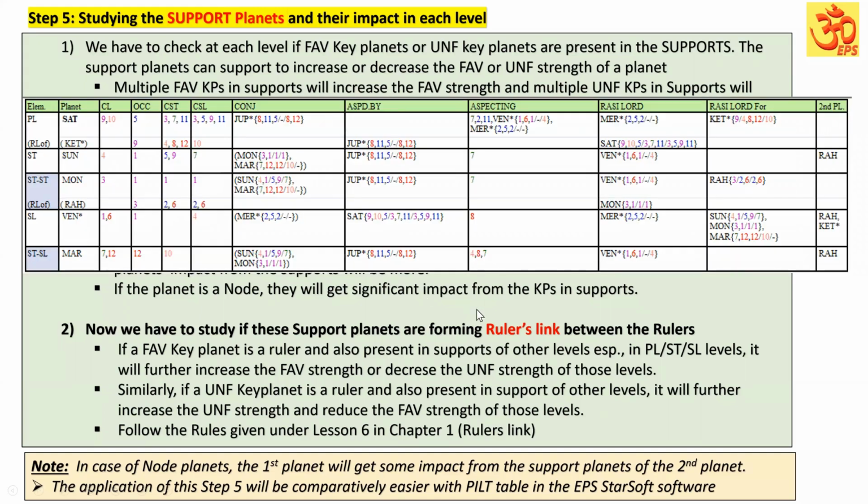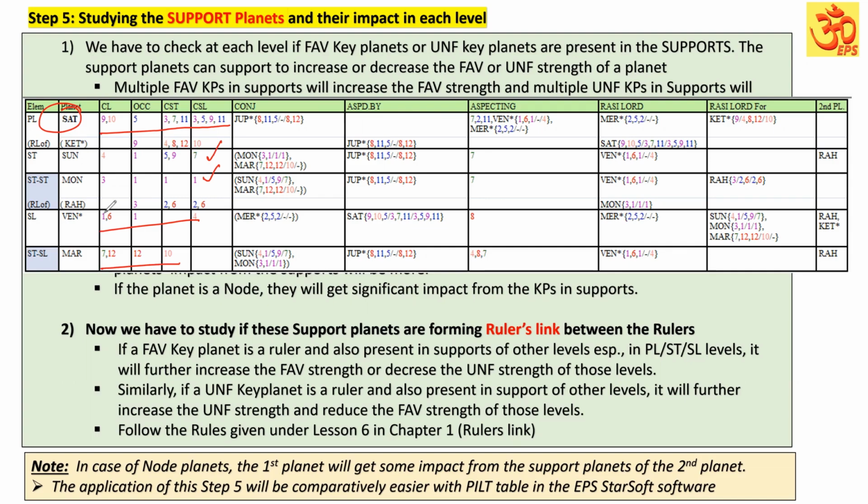Let us check the planet Saturn itself. As we studied, Saturn is a very good key planet that took the starting point, that is, the source planet itself. Star Lord is good, 2A level also good, and the sub level is having weakness.